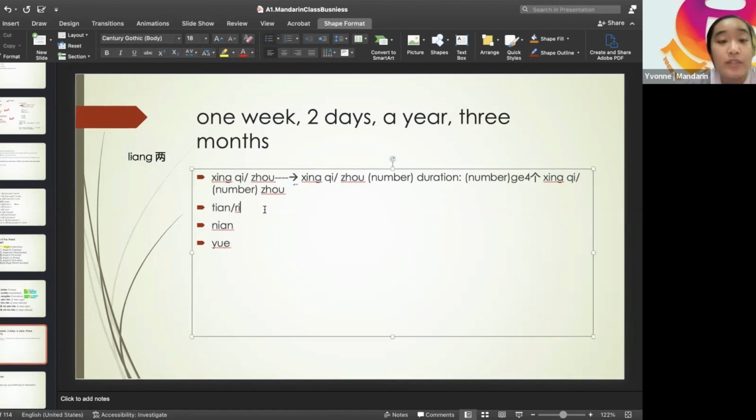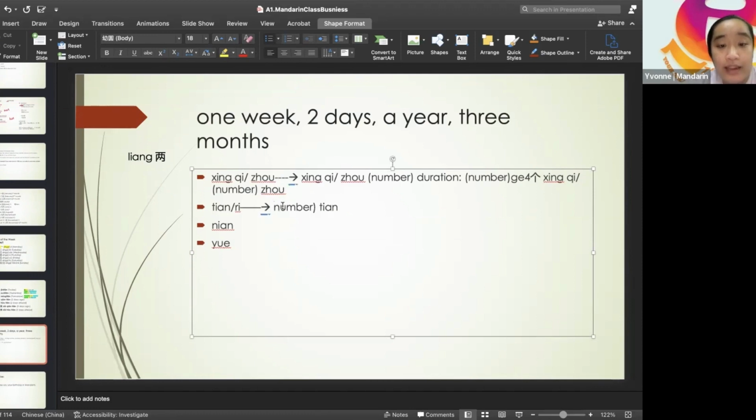So in this case, how do we say 2 days? Funnily, it's just the number and then 天. You don't need classifiers for this.